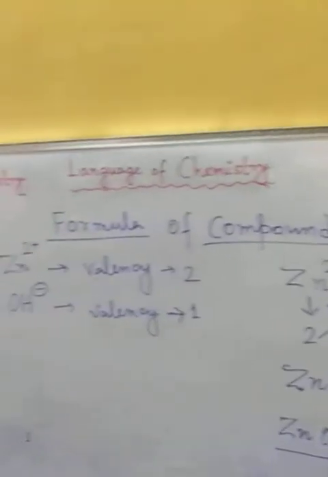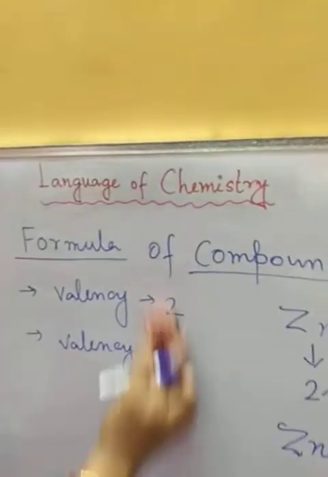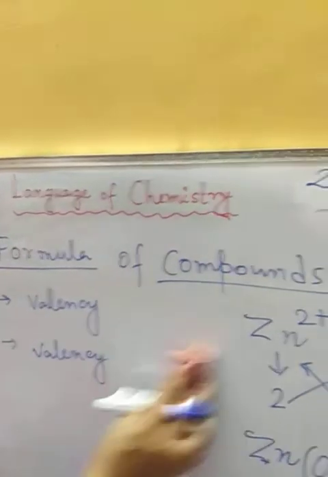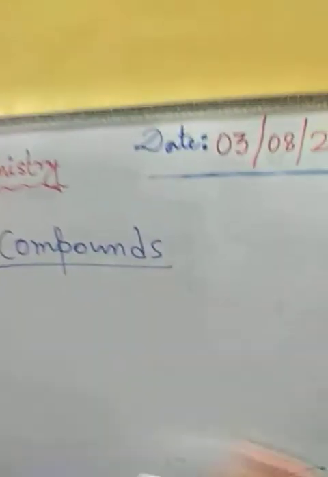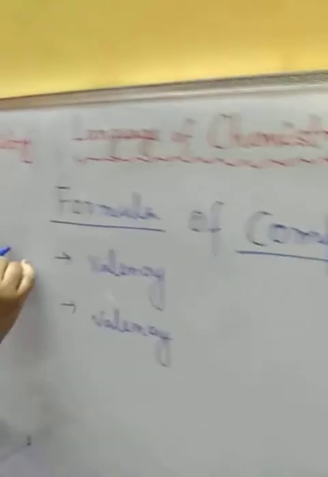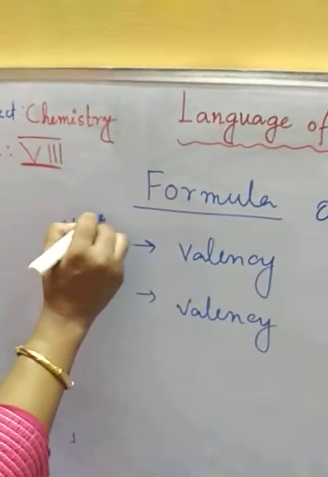Let us take some other radicals. One example is given in your textbook: ammonium and sulfate. Ammonium is NH4 plus.